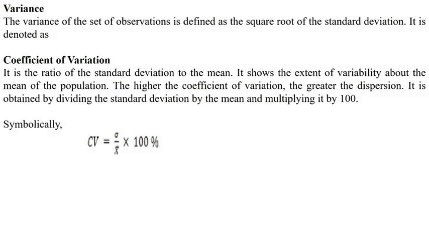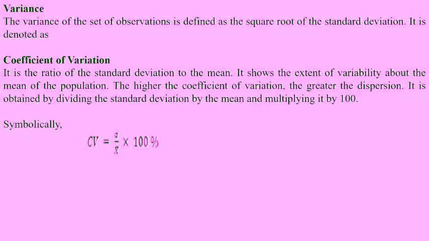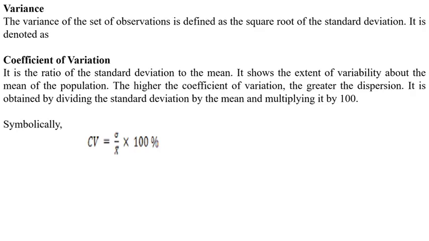It shows the extent of variability about the mean of the population, that is the spread, how the distribution is spread. So the higher the coefficient of variation, the greater the dispersion. It is obtained by dividing the standard deviation by the mean and multiplying it by 100. Symbolically, it is presented as sigma over x bar times 100.